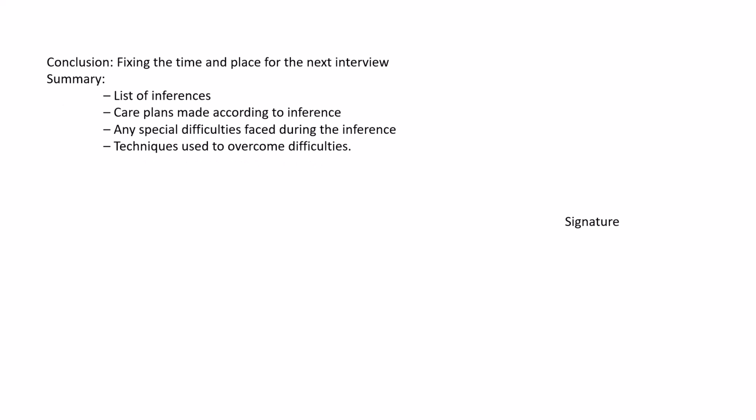If the patient got violent, the nurse can immediately call those staff, and they can come and solve that problem. So how the nurse solved the emergency situation during the conversation, she has to mention here. These are the important points about the summary. After that, the nurse can put her name and signature. That's all. This is the format of the process recording.